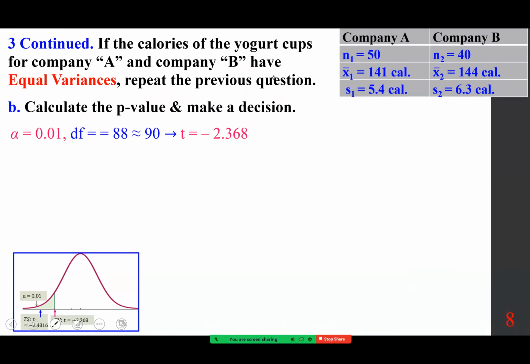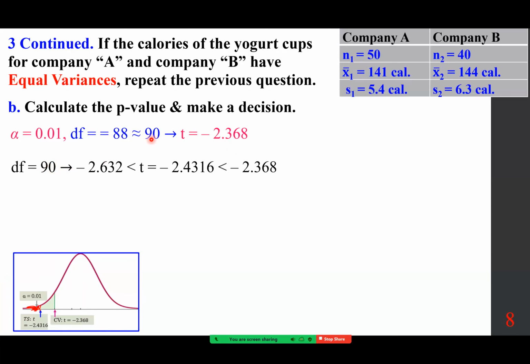We want to calculate the p-value, and I want to show you again with the p-value class. It's the area to the left of the test statistic because it's a left-tail test. This area, and clearly it's less than alpha from the graph. But if we were to use a table, for degrees of freedom we use 90.